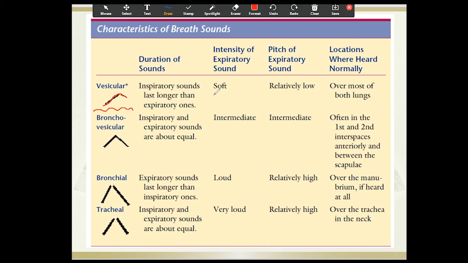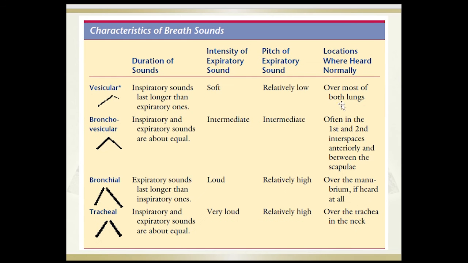It's more soft, and the sound is lower. Most parts over the lung will have this kind of sound, so we give it a name: vesicular sound. Most part of your lung will have this kind of sound.